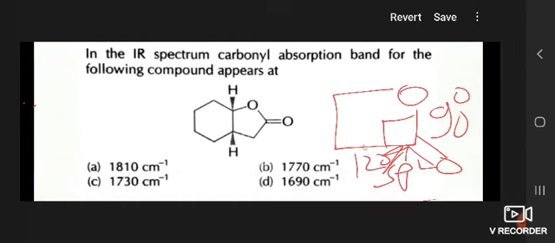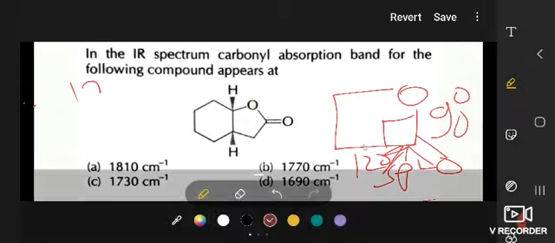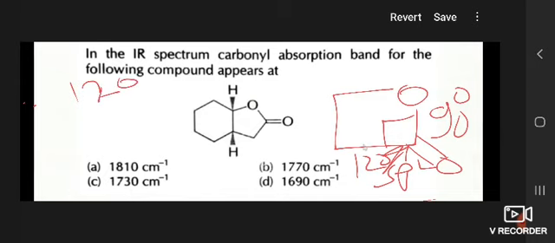So what is the angle strain? 120 minus 90, which is 30. That means there is an angle strain of 30 degrees.